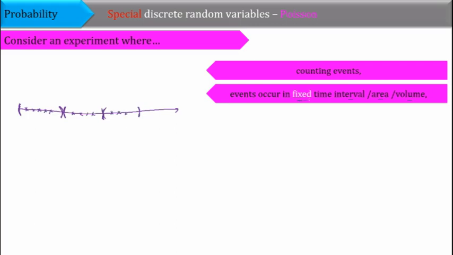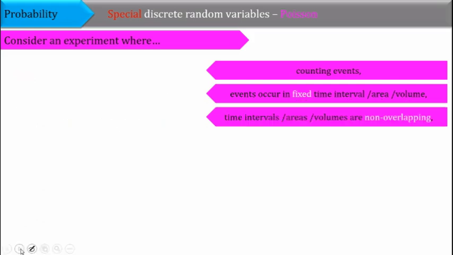Right, so that's what this is saying. Fixed time interval, fixed area, fixed volume. Fixed area might be squares or rectangles that we construct, and we'll be counting events inside of here. And then of course for volumes.